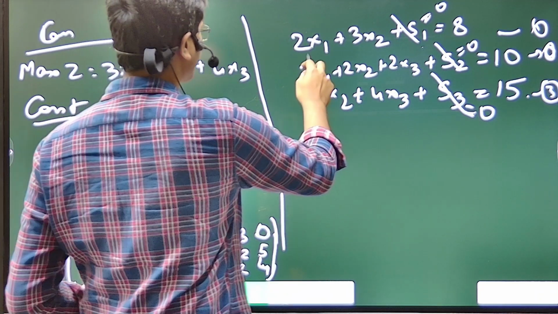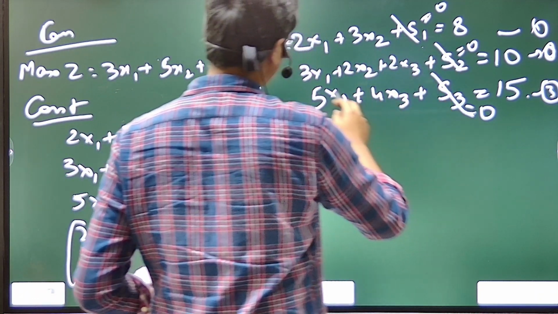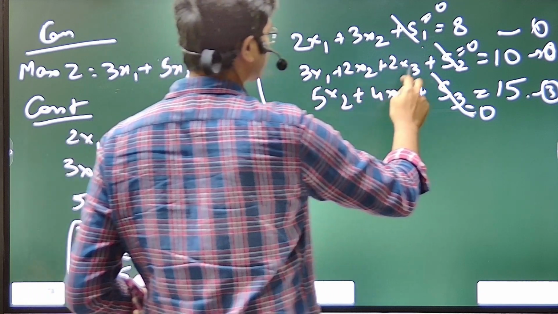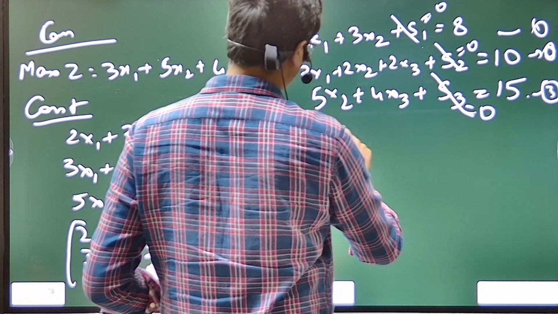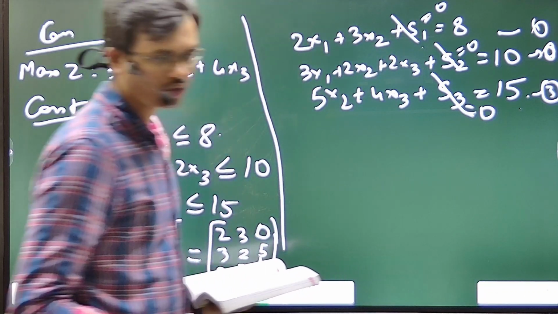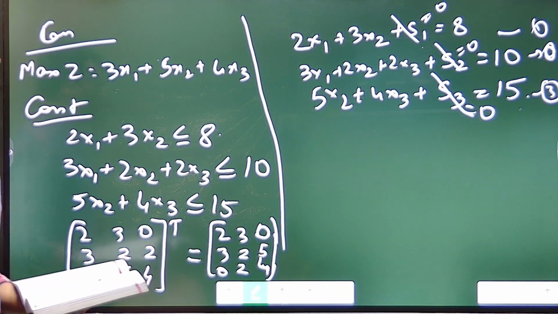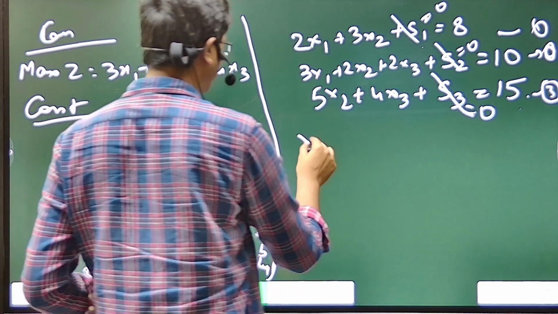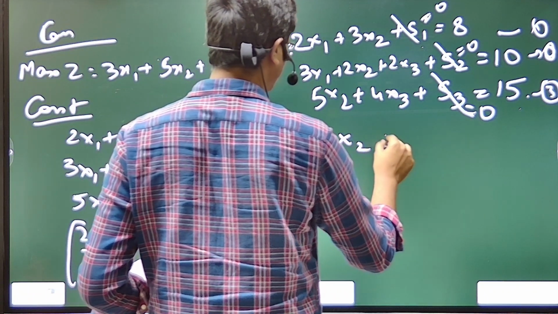So you have 2x1 plus 3x2 equal to 8, 3x1 plus 2x2 plus 2x3 equal to 10, 5x2 plus 4x3 equal to 15. Now you have three unknowns and three equations. So now you will have to solve for x1, x2 and x3.